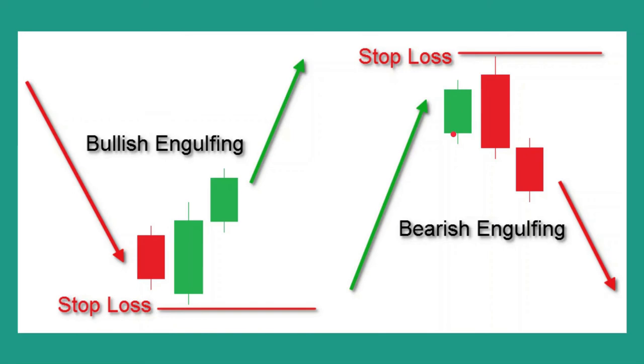The movement indicates that supply has overpowered the demand, and obviously the bears took control from the bulls. If the market is weak, the high of the bearish engulfing pattern should be a resistance area. And also, if you want to enter a short trade, you can put your stop loss just above the high of the red candle.